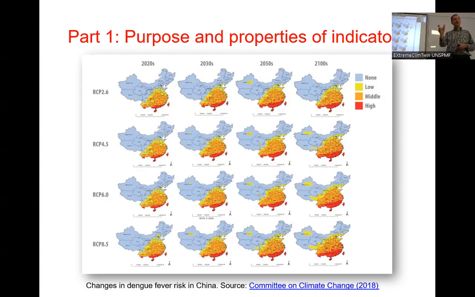Certainly the mosquitoes that carry dengue are already present in Serbia. So this is not an abstract idea about a risk only to China. It's a risk for Serbia too. So what would we do with this information?